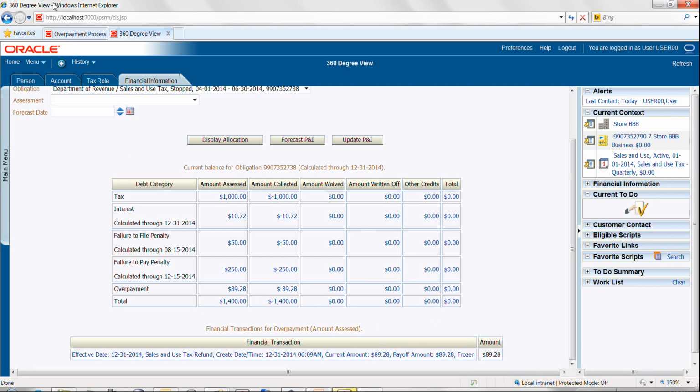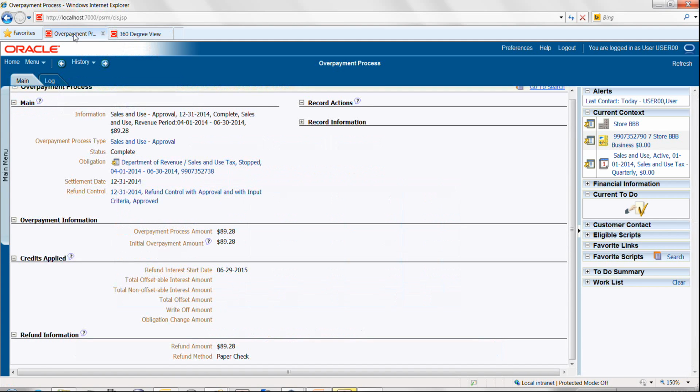Okay, so this is an example of a check sent out, a paper check. What we're going to do now is give an example of a refund, but this time it will be through direct deposit. Before we do that, I'm going to cancel the payment on this particular obligation and move this into a debt.